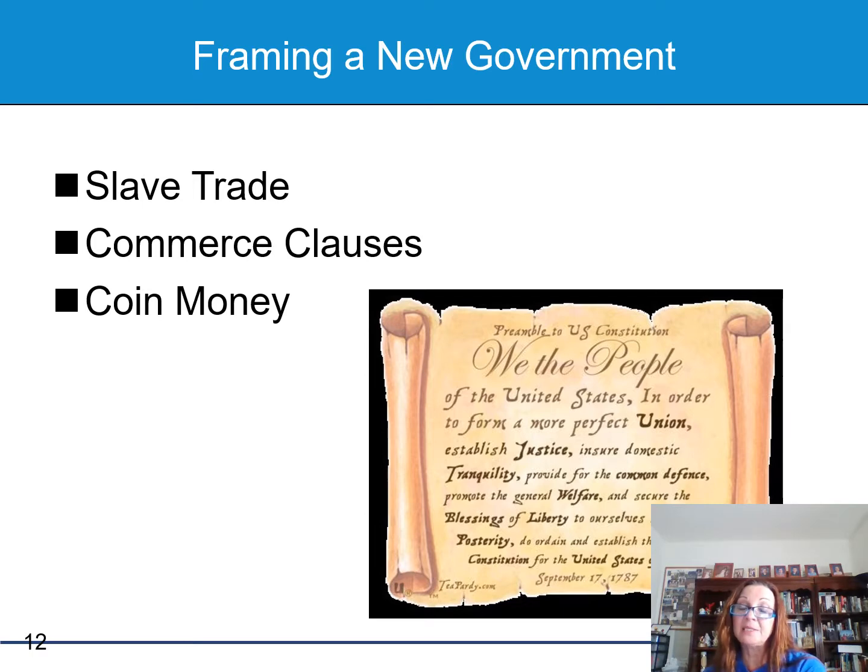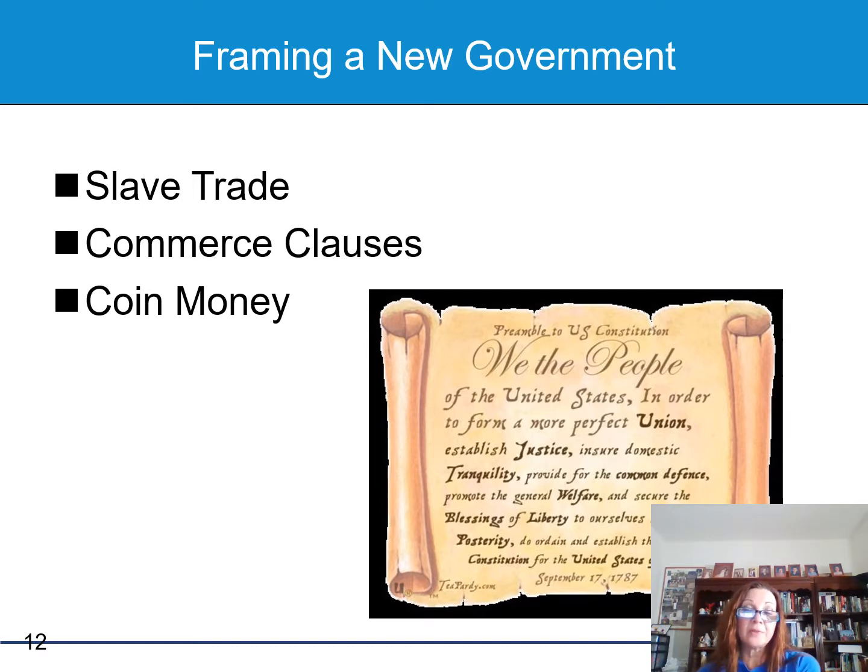So in the early 1800s, we will outlaw the international slave trade. That does not mean that the slave trade within the country ended. We will still see the buying and selling of slaves among the states, and slavery will continue, of course, until after the Civil War. But we did abolish the international slave trade in the early 1800s.